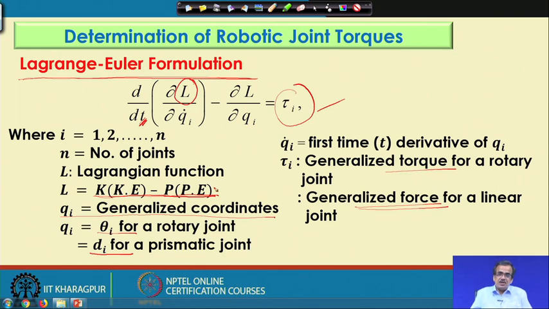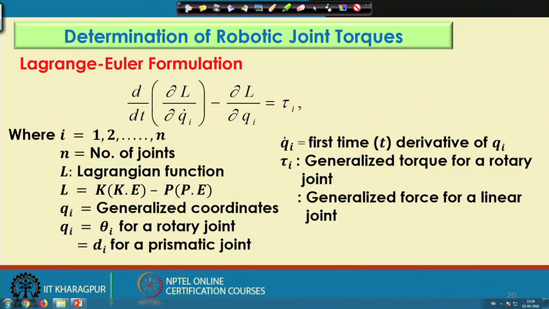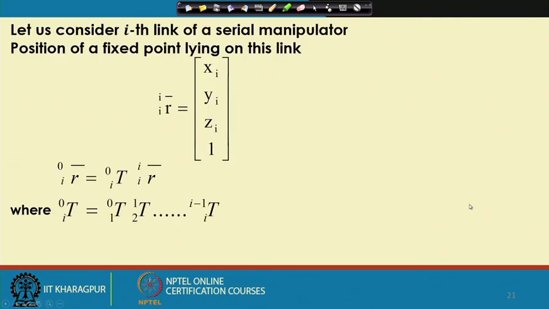That means we will have to determine the kinetic energy for the whole robot, and find out the potential energy, and the difference of the kinetic energy and the potential energy is your Lagrangian. So, my first task is to determine the Lagrangian of this robotic system. Now, let us see how to determine it.